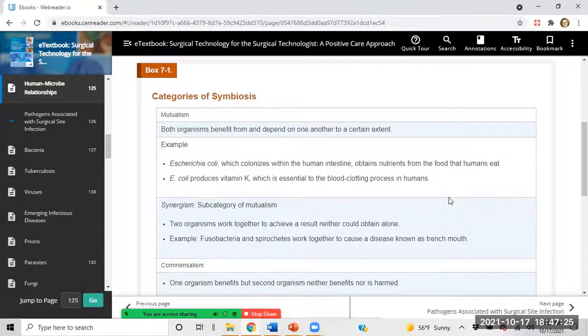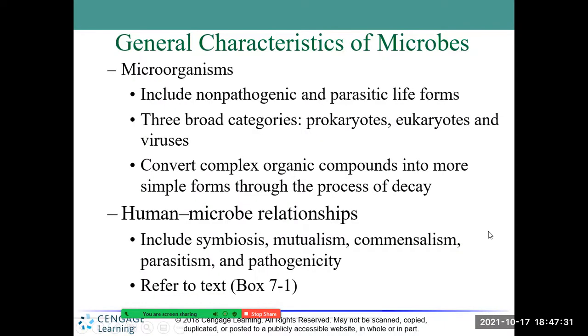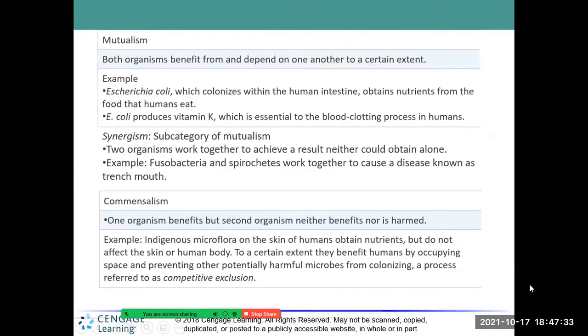Here's box 7.1, where we look at how each of these work. So the mutualism, this is where both of the organisms are going to benefit and depend on each other. An example of that is E. coli. It normally colonizes in the intestines, where it obtains nutrients from the food that we eat.